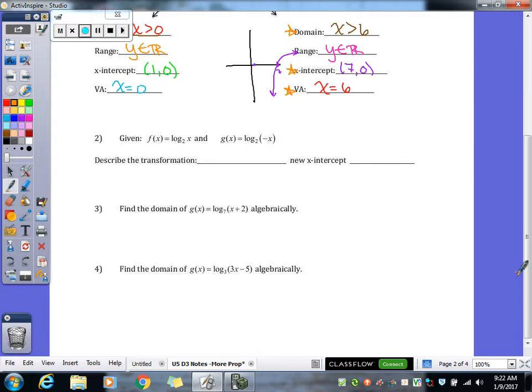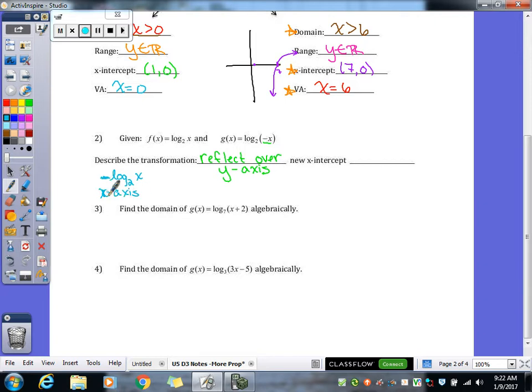So let's take a look at this next one. For this next one, we are negating our x. So our transformation rule is if we negate the x, this makes it reflect over your y-axis. If I had a negative out in front, so if I had negative log base 2 of x, this would reflect over the x-axis.